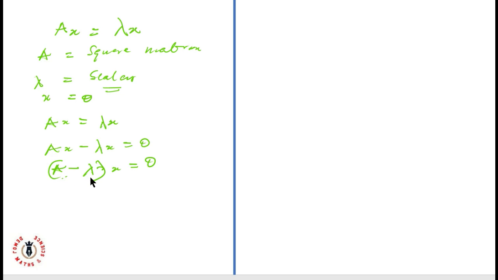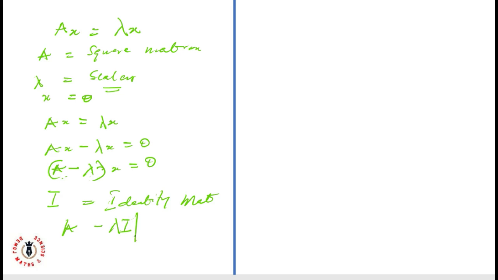We cannot subtract scalars from matrices, neither can we subtract matrices from scalars. So we introduce what is called an identity matrix. I here is what we call an identity matrix, so that we now have A minus lambda I.